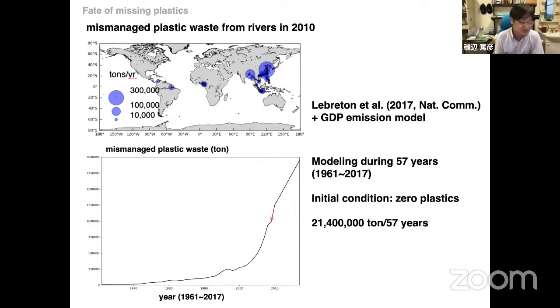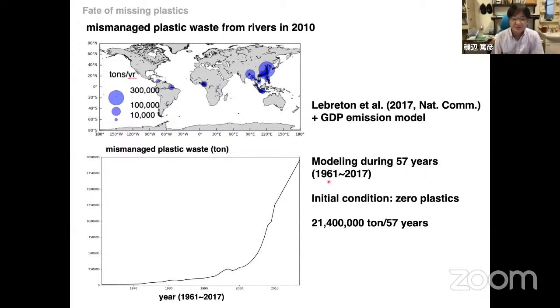And we assume the time series is parallel to the GDP of each country where the river mouth exists. So our emission model is the Lebreton and GDP model.